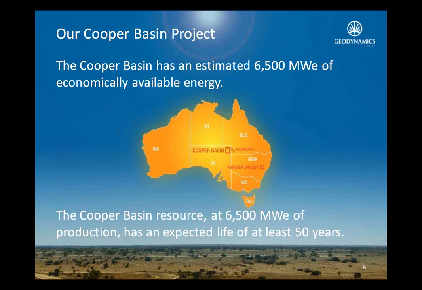Now, that's an awful lot of power from a location that is a long way from anywhere, and I'll talk about how we plan to go through that transmission and linking process into the NEM as we go forward. But it's a significant resource, and that's why we've been focused in that area for such a long time. Our resources in Queensland and the Hunter Valley are much smaller. It's really about the size and quality of that Cooper Basin resource, and I'll go on to explain why that quality is such.